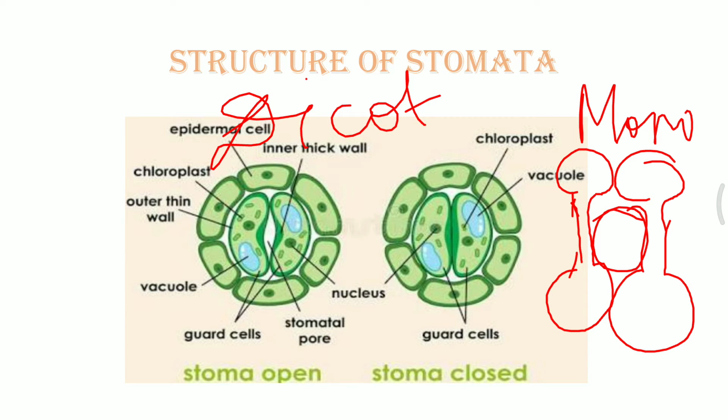The reason why the inner membrane is thick is that it allows the movement of water inside the guard cells and swelling up or turgidity of guard cells. As the guard cells become turgid, the stomatal pore increases in size and helps in the exchange of gases as well as loss of water vapor. Now, from where the water comes in, it follows the same potassium ion concentration theory. We have already discussed it in detail.